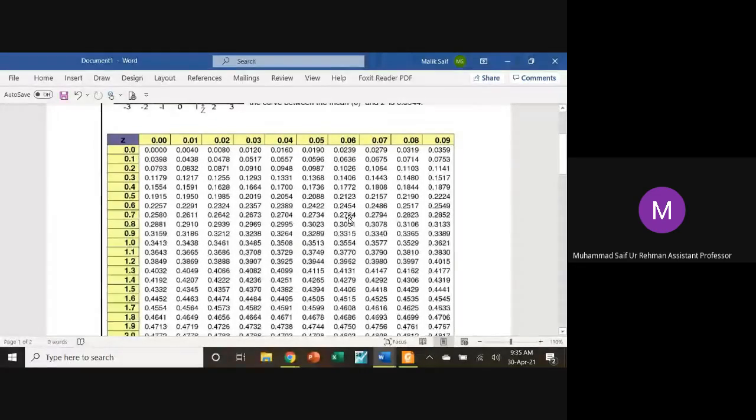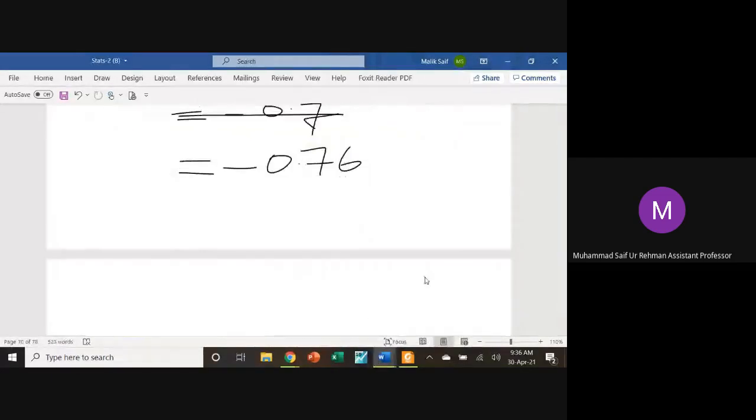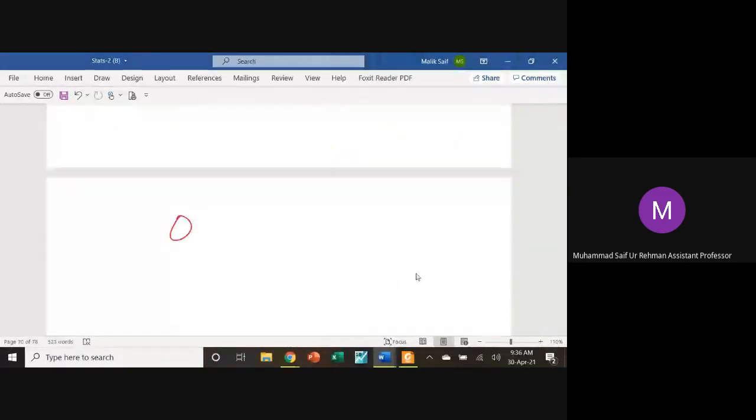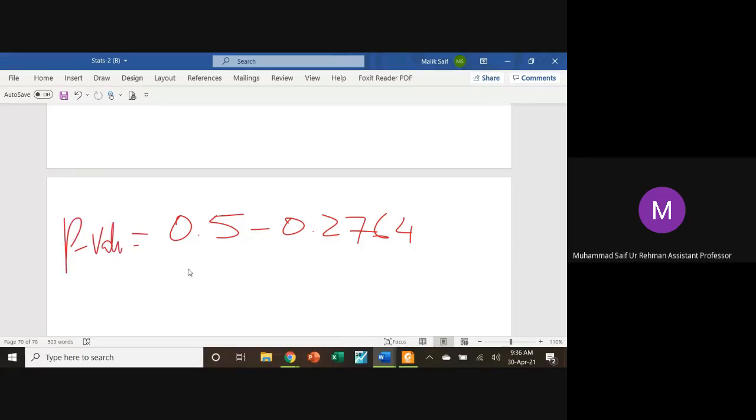The intersection value is 0.2764. So 0.5 minus 0.2764. You have to subtract this value from 0.5. So this is your p-value.